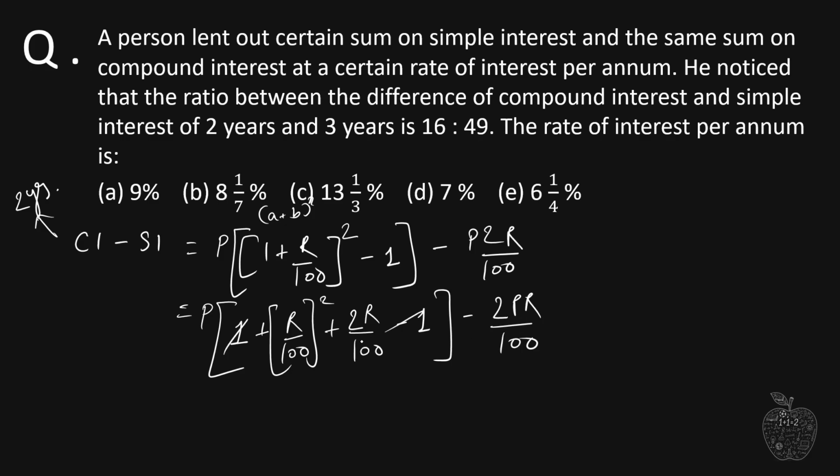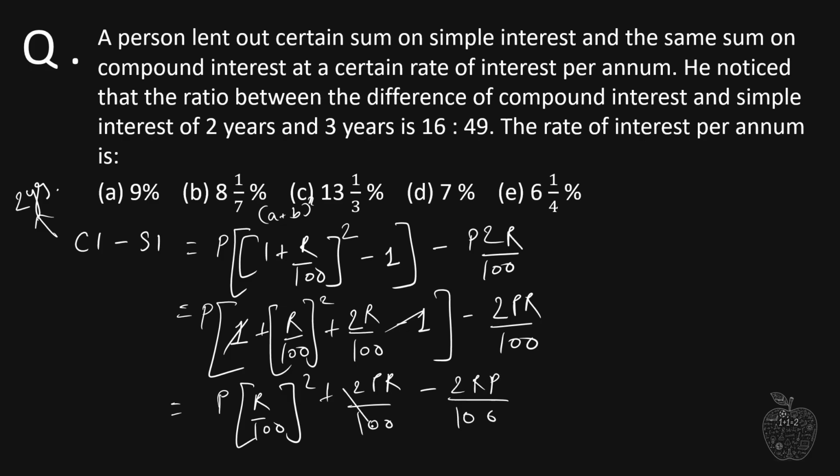So plus 1 minus 1 gets cancelled, so we are left with P(R over 100) whole square plus 2PR over 100 minus 2PR by 100. So plus and minus get cancelled, so we get the formula as P(R over 100) whole square.